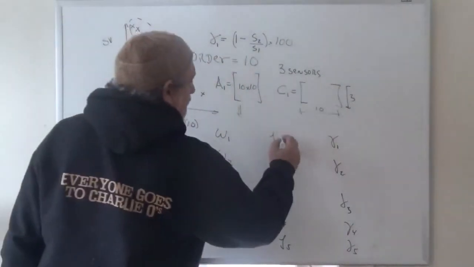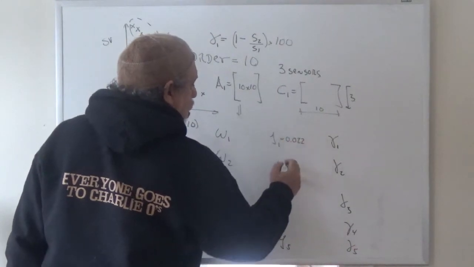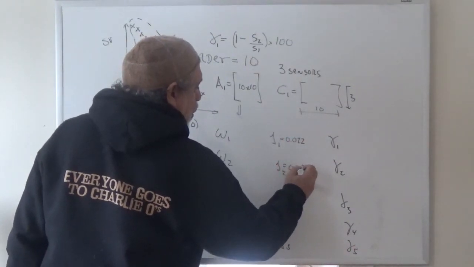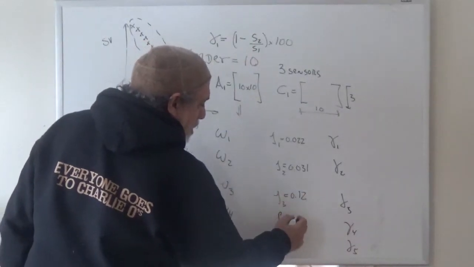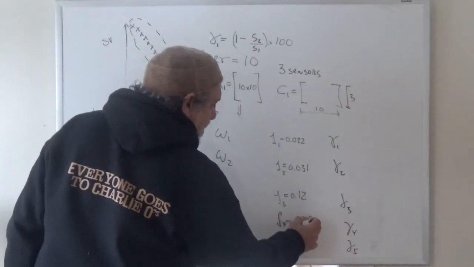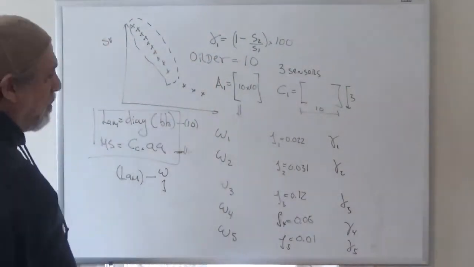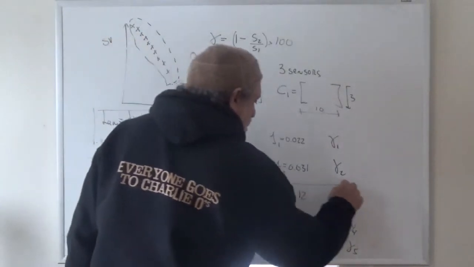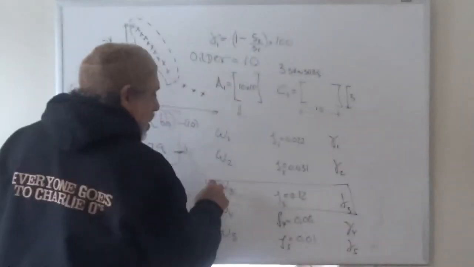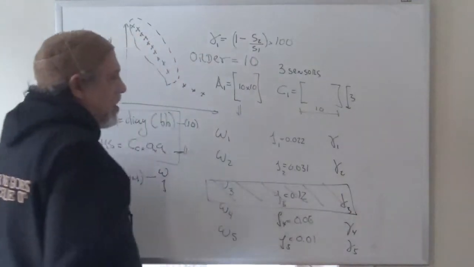Now here, let's say this was 0.022, 0.031, 0.12, 0.06, 0.01. So from the dampings, we say this damping is too large. So eliminate this mode, the damping is too large.